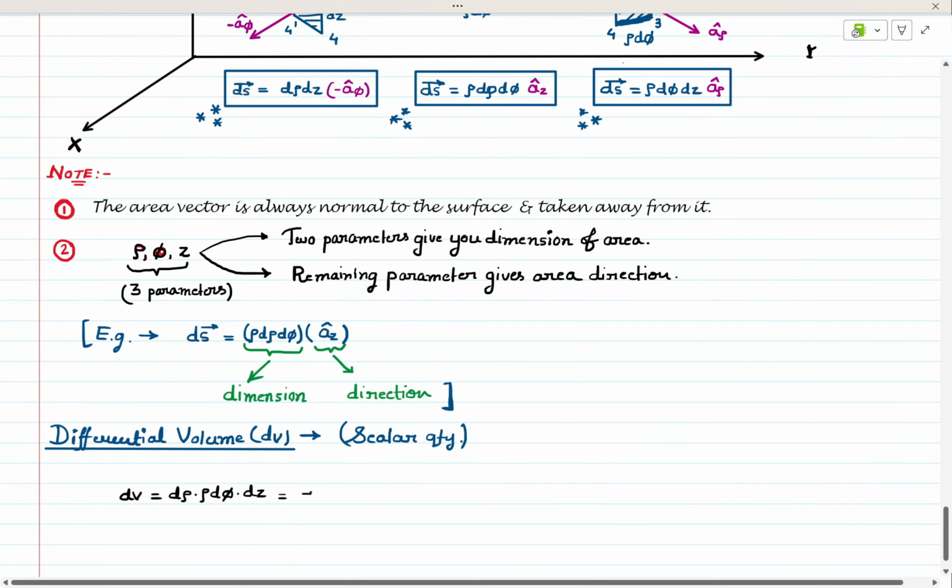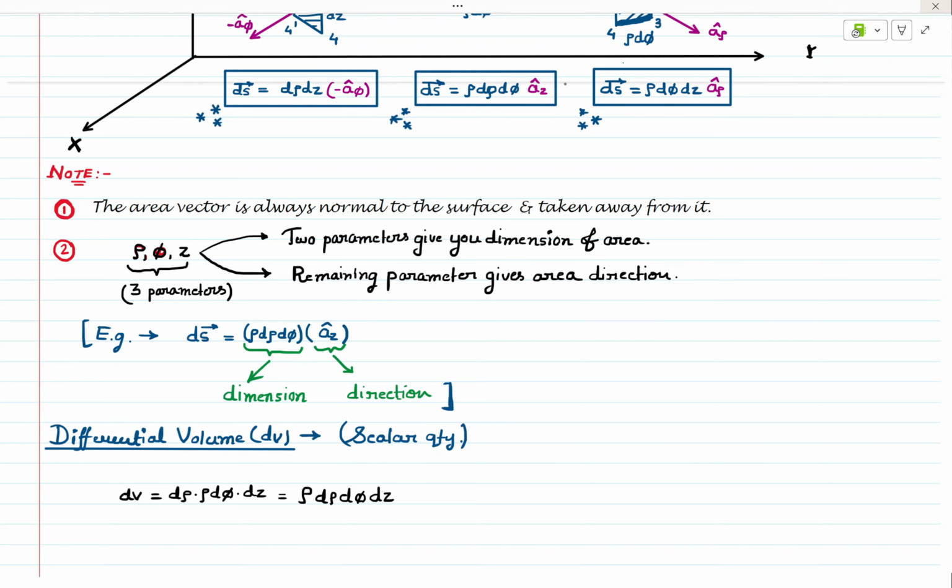That is nothing but rho d rho d phi dz. Very easy. Rho d rho d phi dz. And it is a very important formula that you have to remember. So that is the differential volume.